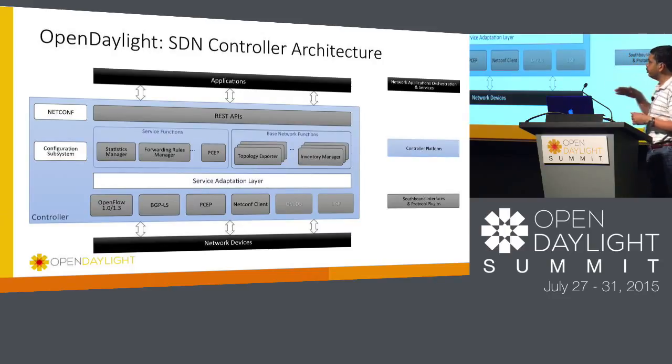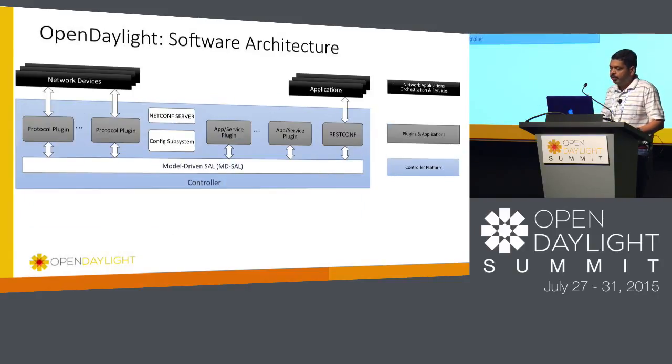Although this slide is showing it this way, with the REST APIs on the top and then the services or applications, and below that the service adaptation layer and then the plugins, in reality, as you will see as you're developing, the view is more like this. From the system point of view, the southbound plugins are no different from the northbound plugins.